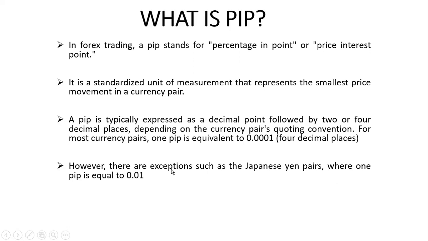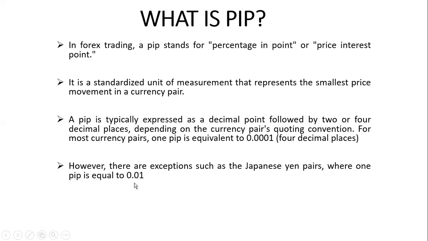However, there are exceptions, such as the Japanese yen pairs, where 1 PIP is equivalent to 0.01. So over here, you see that the PIP movement is in 2 decimal places, but over here, the PIP movement is in 4 decimal places. So any pair that you are trading with the Japanese yen, you should do your calculation in 0.01.